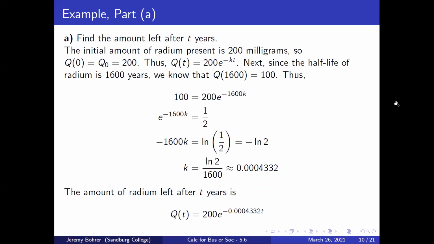Negative 1600k equals the natural log of 1/2, which is negative natural log of 2. And k equals the natural log of 2 over 1600, which is about 0.004332. So the amount of radium left after t years is Q of t equals 200 e to the negative 0.004332 t.